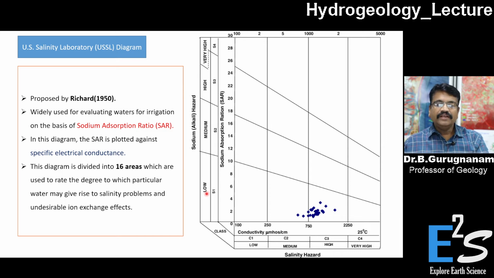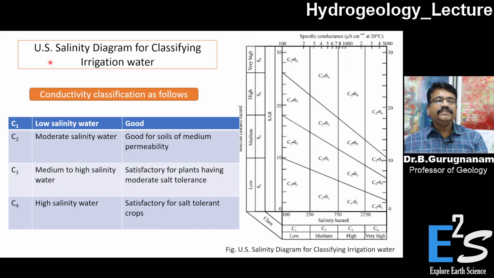This is how we will interpret by plotting our analyzed water quality data into this diagram, which is used to rate the degree to which particular water may give rise to salinity problems and undesirable ion exchange effects. And this diagram is classified for the purpose of assessing irrigation uses.